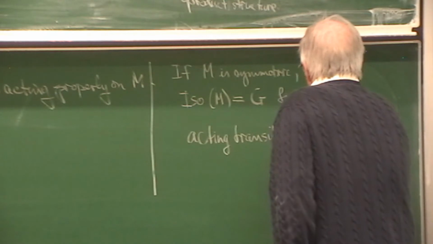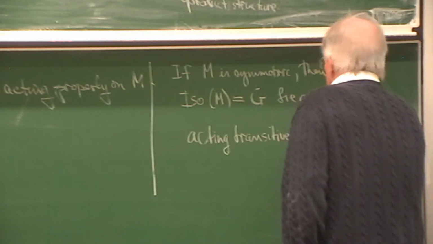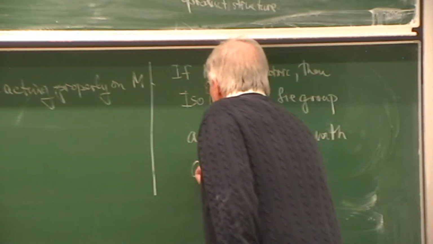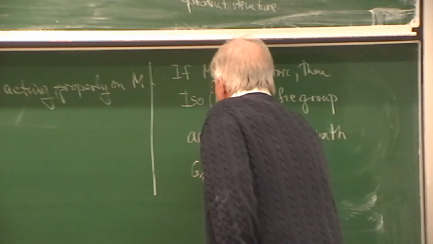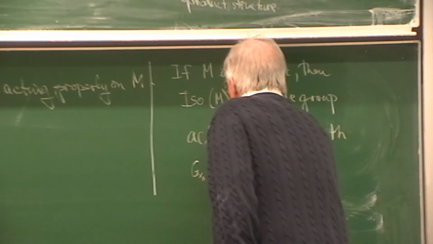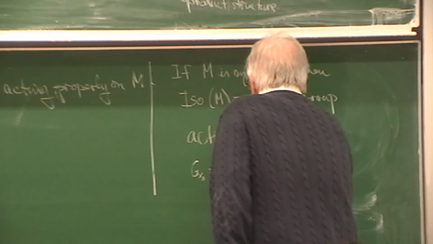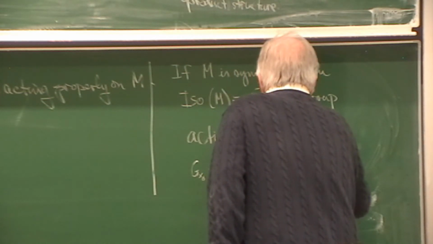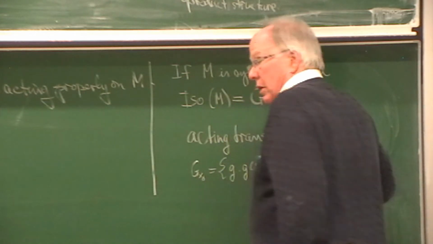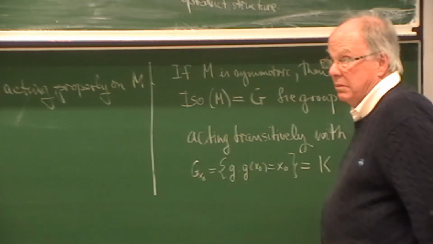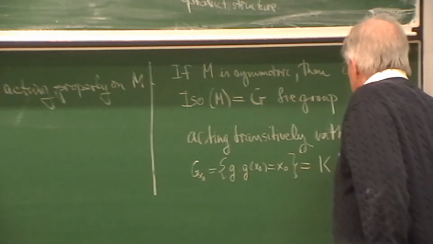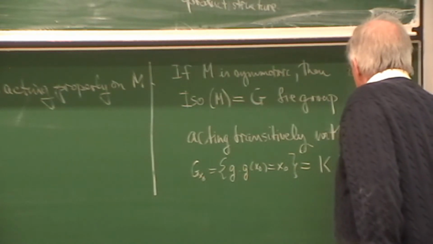And with isotropy groups, at the point of consideration, G isotropy at x0, everything that leaves a point fixed, the set of g in G that fixes x0, we write, dedicated to our German friends, K, is compact. It's the same word in German as in English, but it's spelled with K.